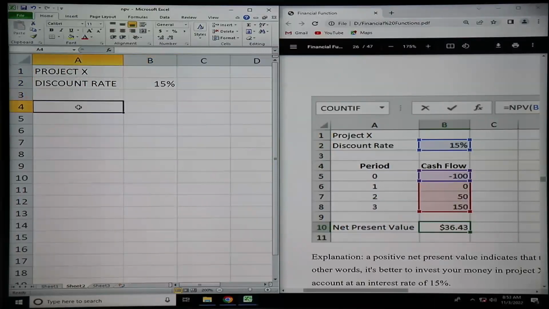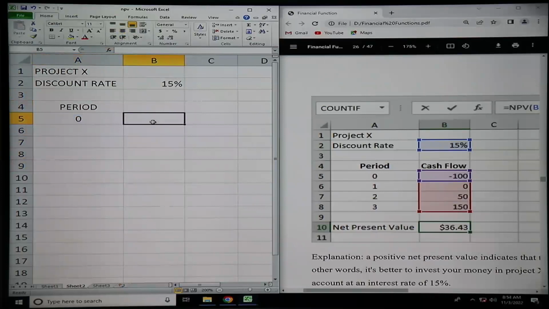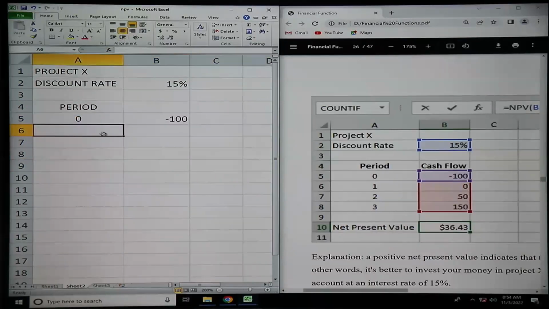The periods: we start with the first period, that is period 0. It means this was the initial investment. But notice that here it is indicated minus, meaning that it was actually a payment.